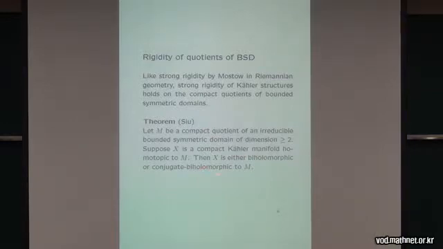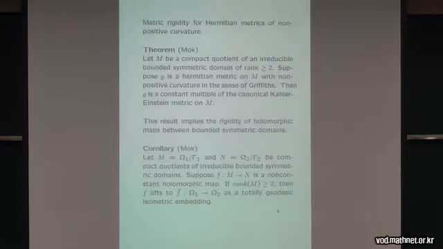That means the complex structure is unique. And there is also metric rigidity. This is by Mok. So in this case, we need a little more: rank is greater than 2. Let me tell you later about rank. Okay, M is a compact quotient of a bounded symmetric domain, and rank is greater than 2.